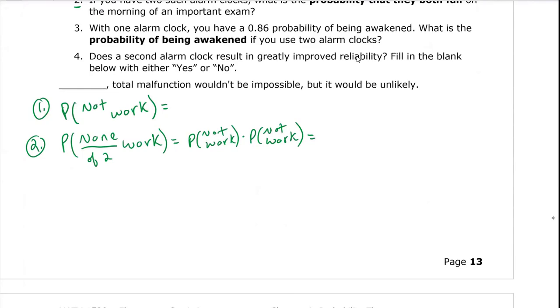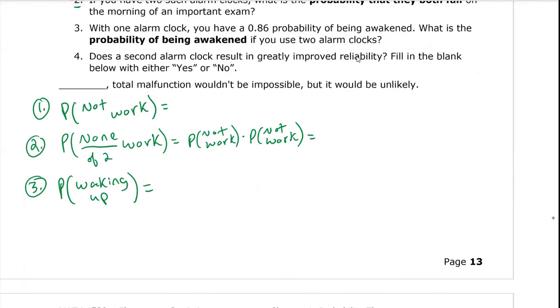Now, problem number 3 is a little interesting. It says with 1 alarm clock, you have an 86% chance to wake up. What's the probability of being awakened if you have 2 alarm clocks? So the probability of waking up. Think about what happens that would cause you to wake up. What transpired in your bedroom? Well, either one or the other alarm clock went off, or they both went off.